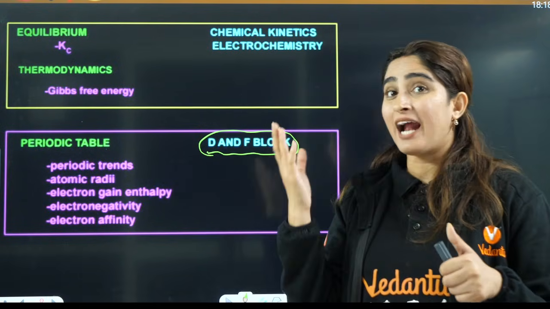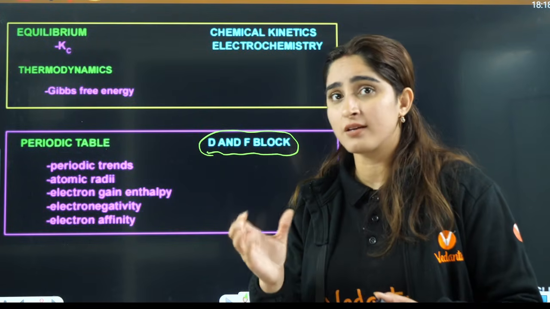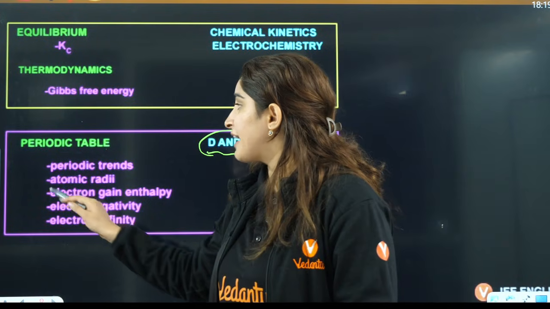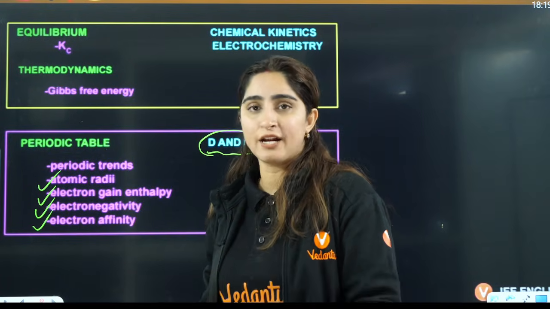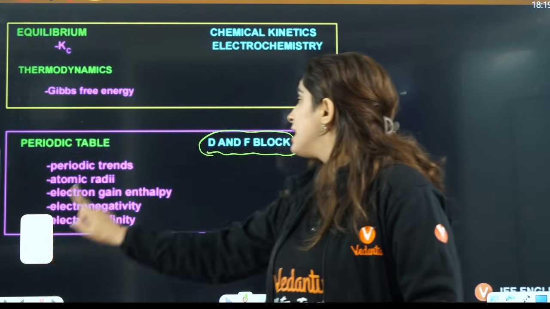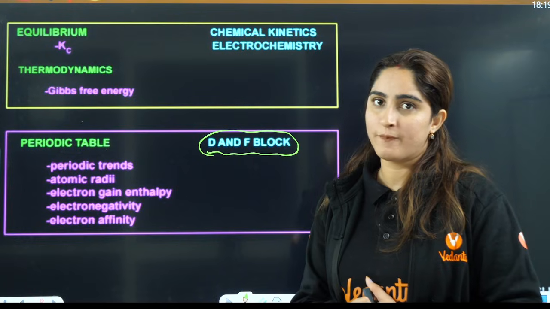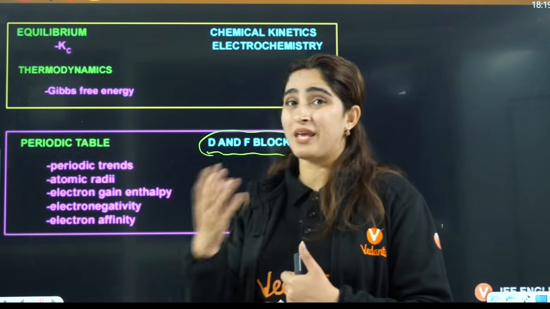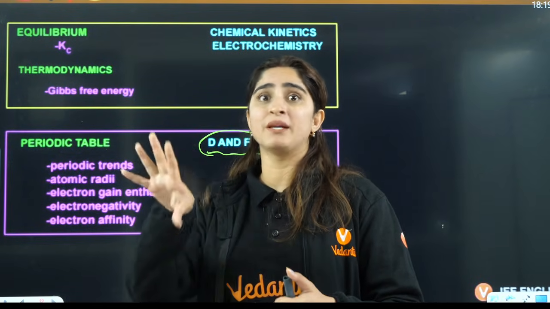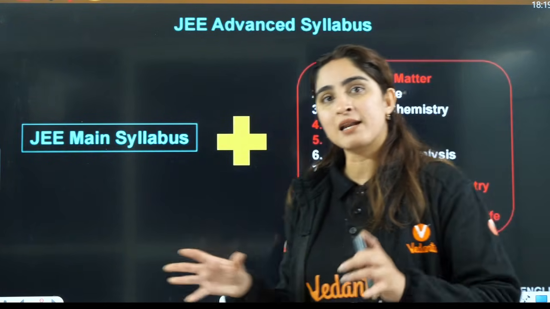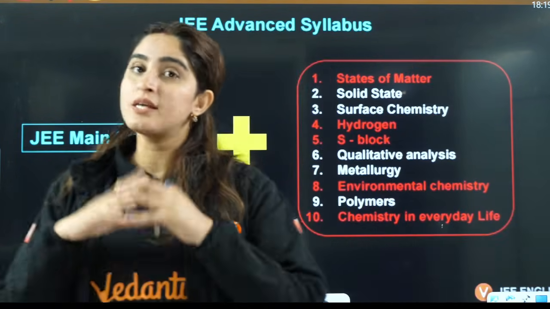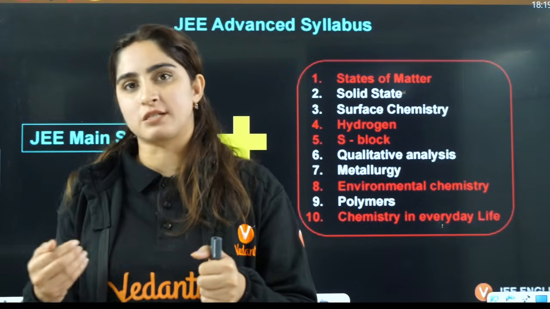And you should get an idea about inert pair effect. What is inert pair effect? You should know the general trends of atomic radii, electron gain enthalpy, electronegativity, and electron affinity. That will help you in understanding D and F block, right? Because lanthanoid contraction is kind of similar to inert pair effect only, right? So these things are related, right? So this you have to do as a prerequisite, right?